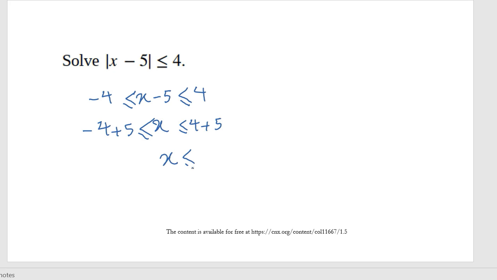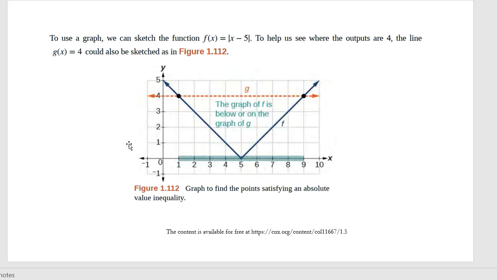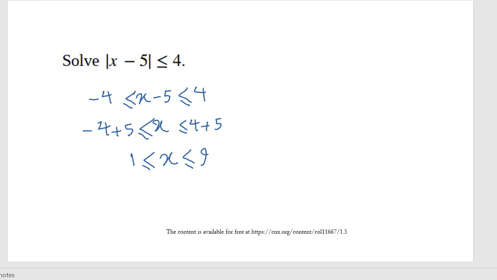So x is less than or equal to 9 and greater than or equal to 1. So let's say another example. Absolute value of x minus 5 more than or equal to 4. How can we solve this one?